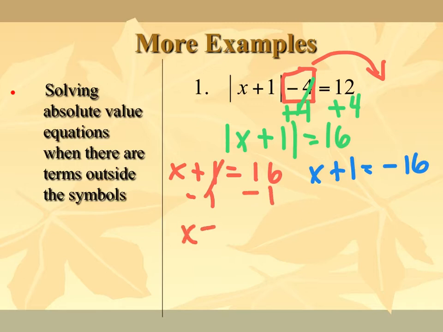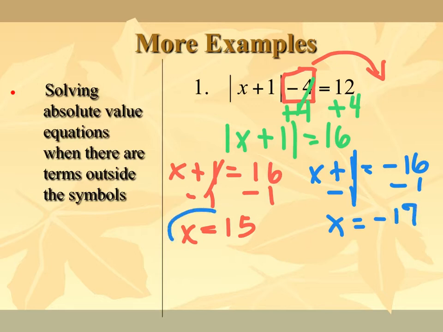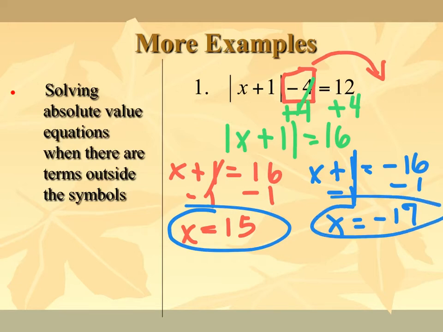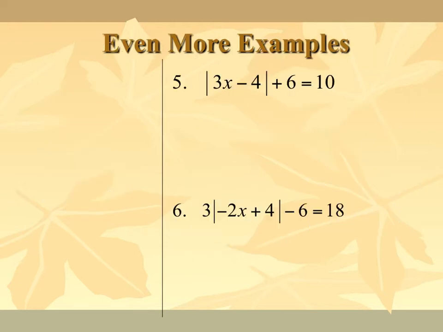So x equals 15. Then, once again, do the opposite of +1, which is -1. So x equals negative 17. So x can be 15, and x can also be negative 17.